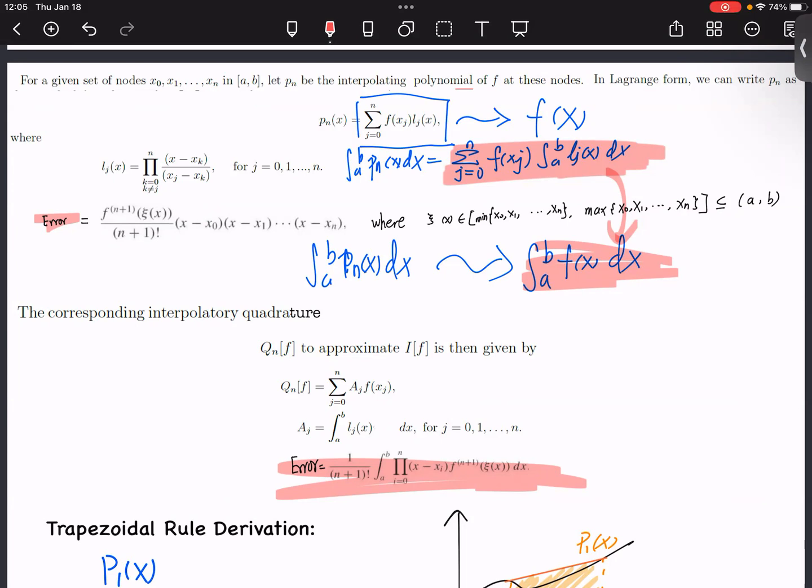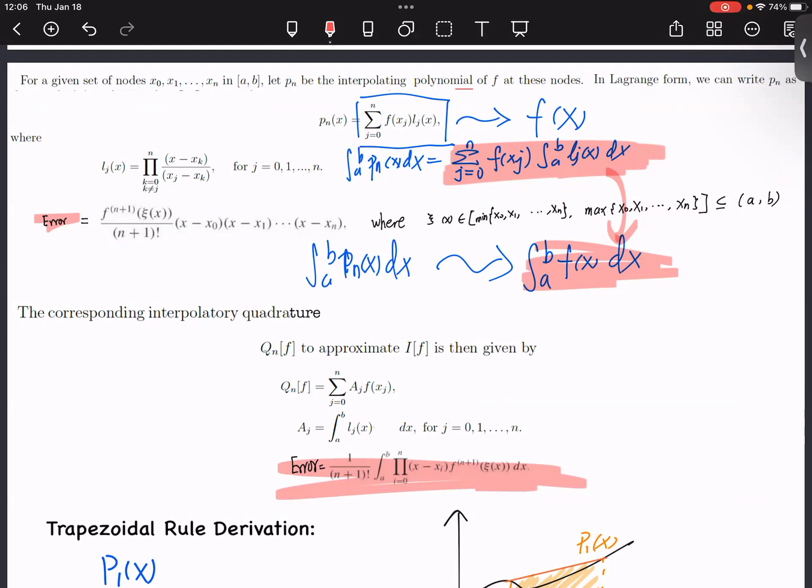You can also use another form, the Taylor expansion, or the Newton's form. The error term comes from the error of the interpolation and then doing the integral. For P_n(x) here, it is the sum from j=0 to n, where the coefficient is the value evaluated at x_j, and l_j(x) is the basis.